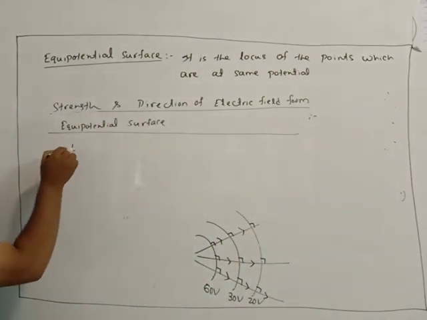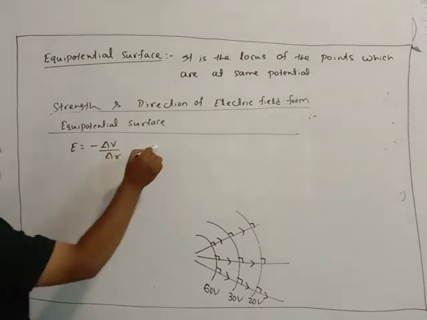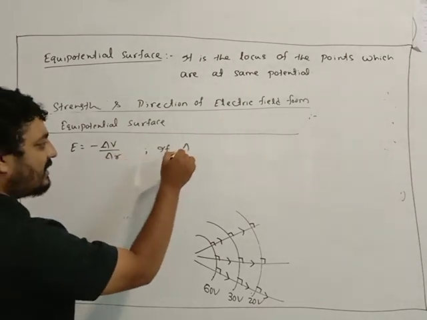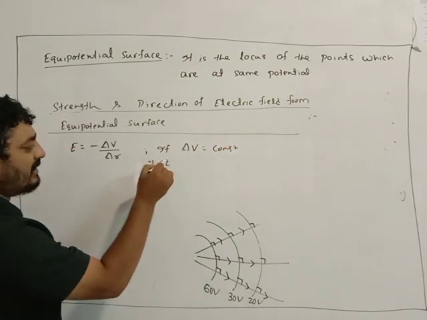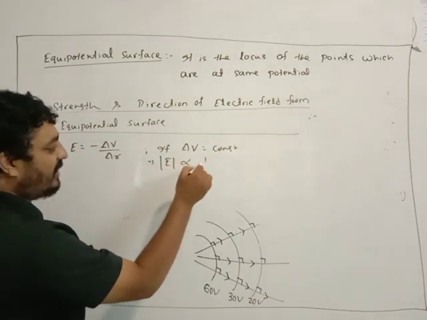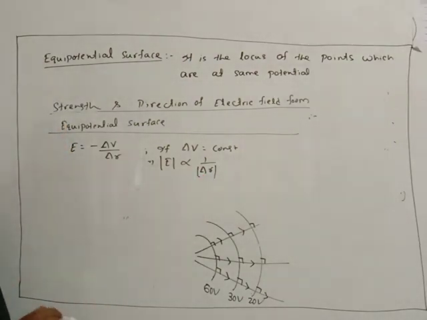So E equals minus delta V by delta r. If delta V equals constant, that implies magnitude of E is inversely proportional to magnitude of delta r.